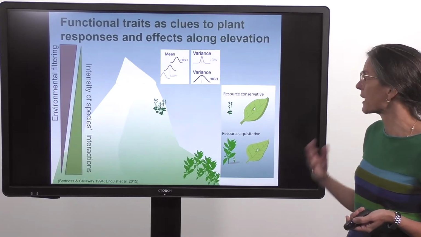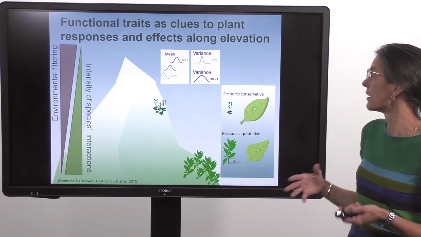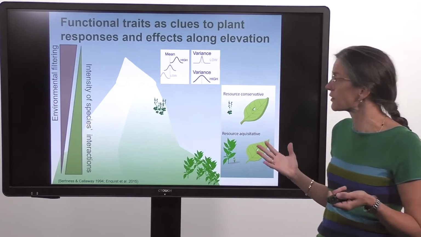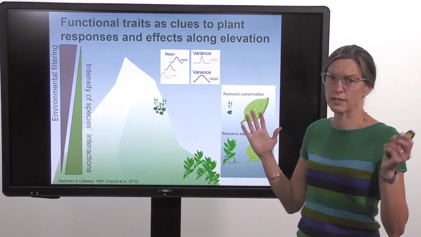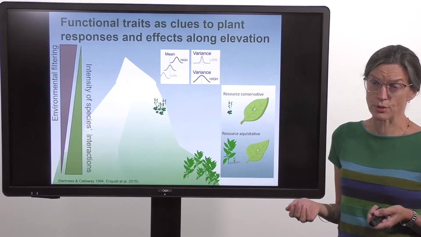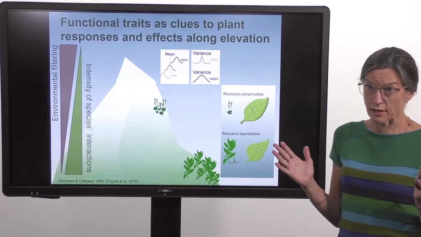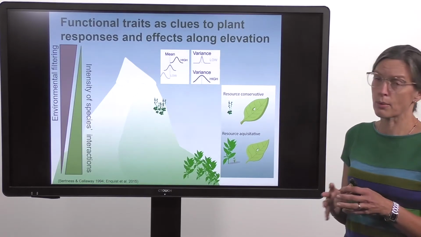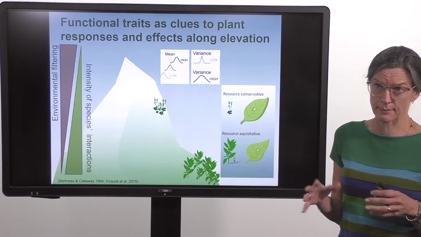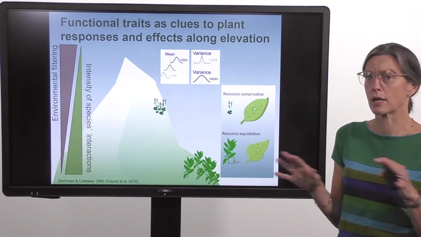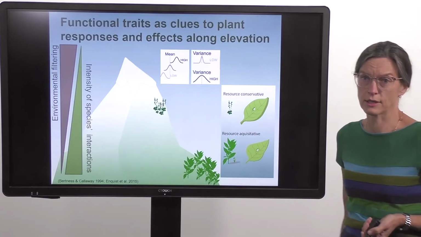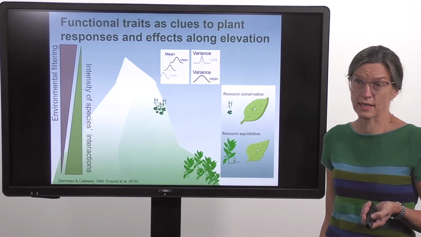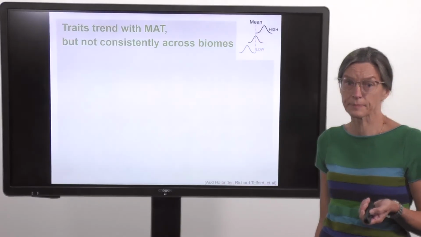Another prediction is that we expect differences in the variance, for example, where we expect species filtering at high altitudes to result in quite narrow range distributions of traits based on environmental filtering, whereas we expect lower on the gradient, where we have more competitive interactions and limiting similarity, a more broadly, even over-dispersed distribution of traits. So these are, of course, hypotheses that we can test using the data that we have collected.